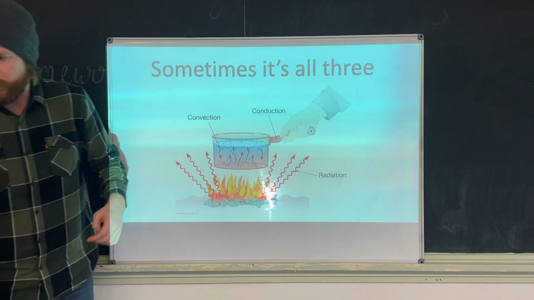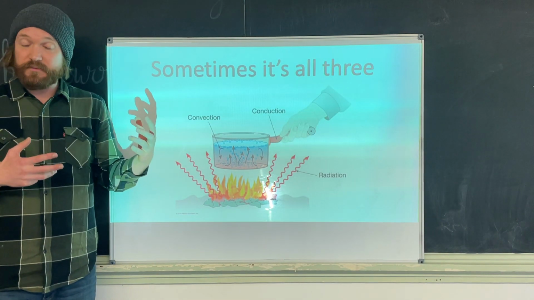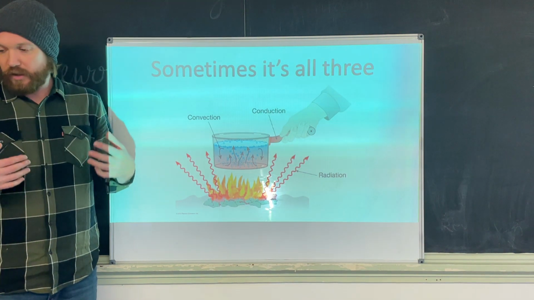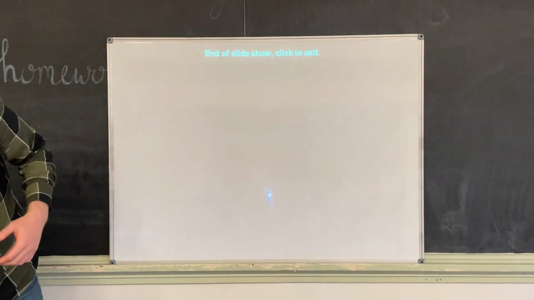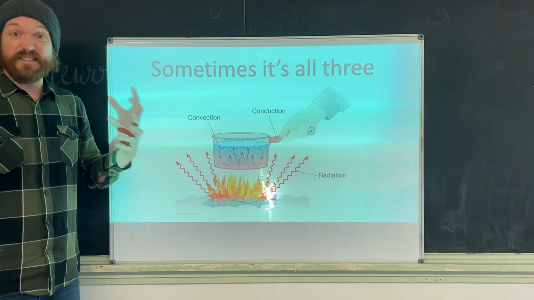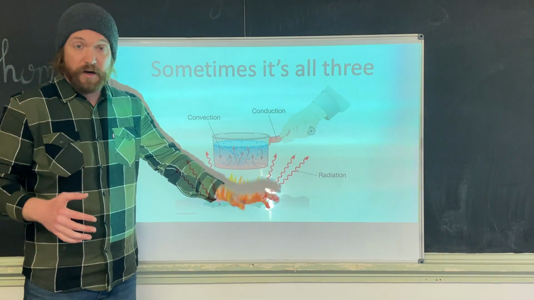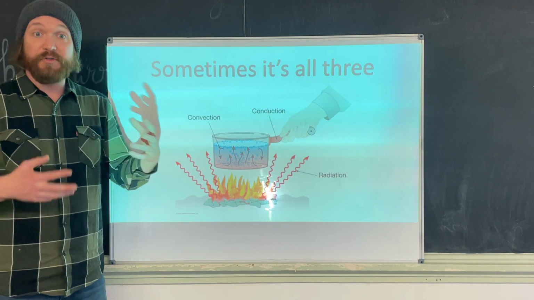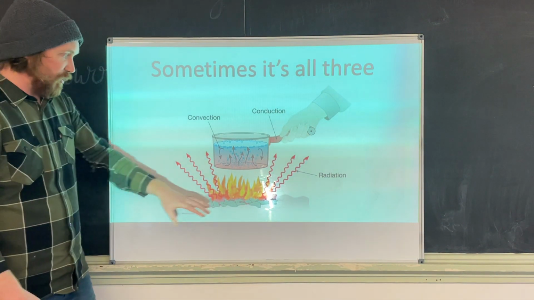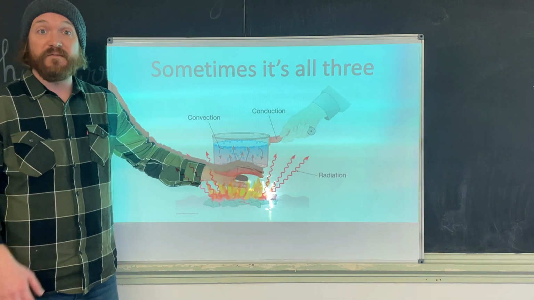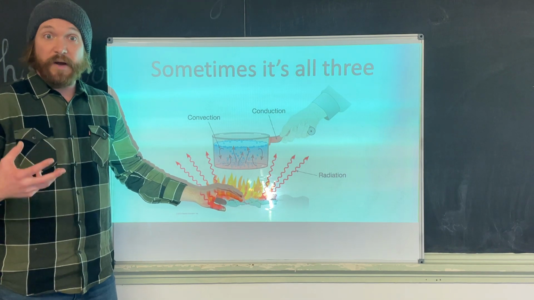Here, we need to know that sometimes there's a combination of all three going on. For example, I'm a big fan of grilling steaks. Whenever you grill or cook over an open fire, you're going to have all three of these things going on at once. You have the fire, and you have radiation in the form of infrared heat waves coming off.